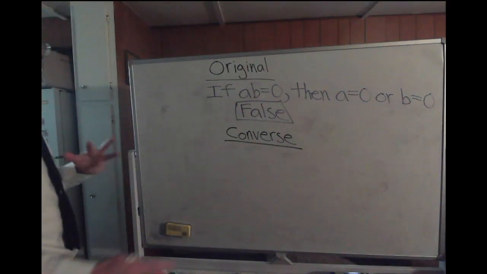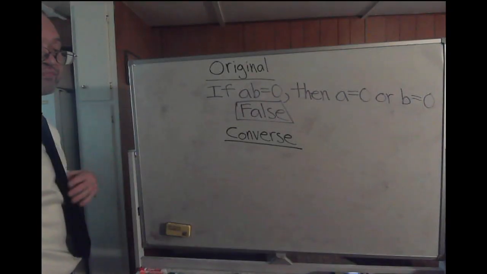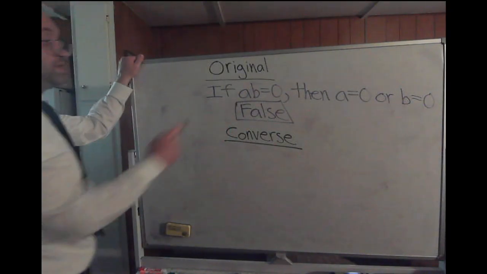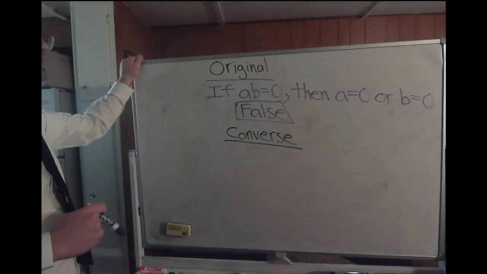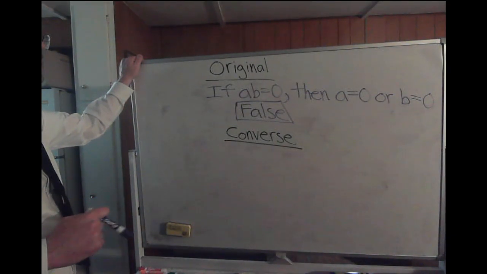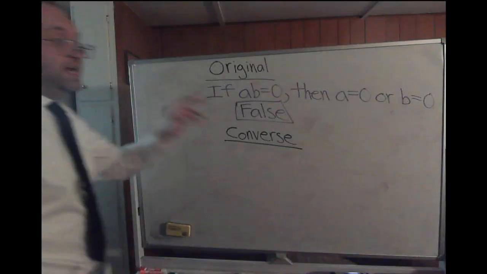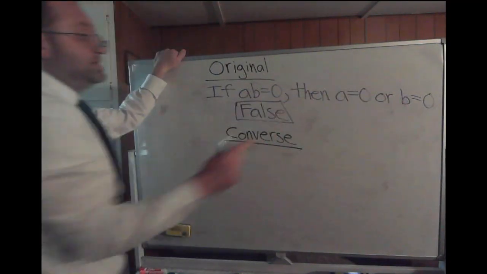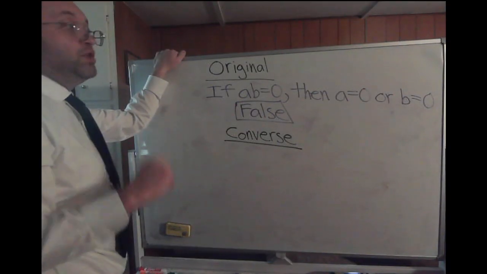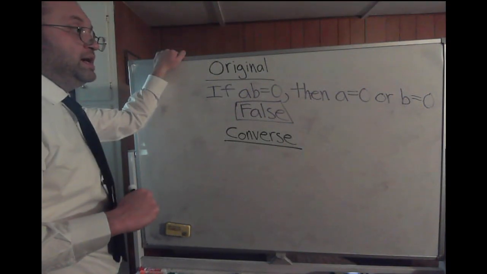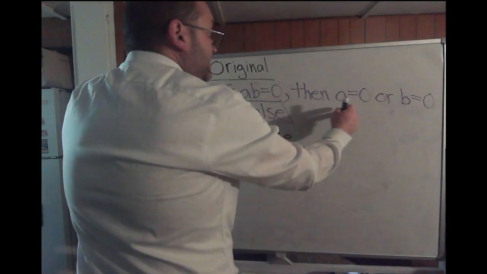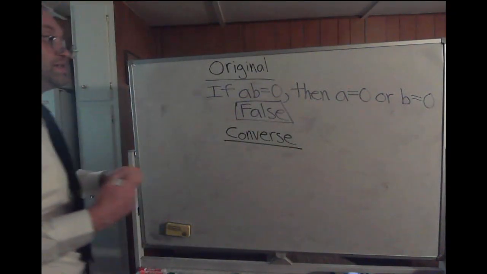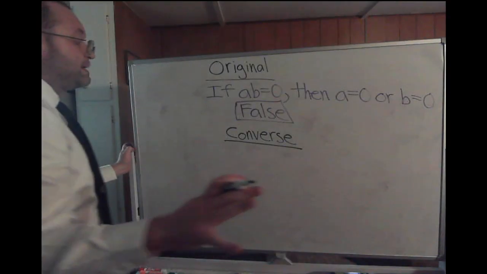It doesn't say that they both could equal 0. So that's false. Now, even if it would have said and, if A equals 0 and B equals 0, you'd still have a false statement. I'll tell you why. Because then it wouldn't take into account that A and B could equal other values. So this statement couldn't win from the start. It was false from the start.